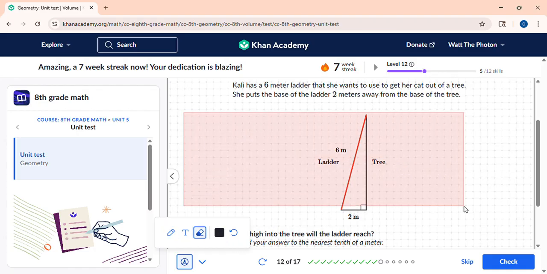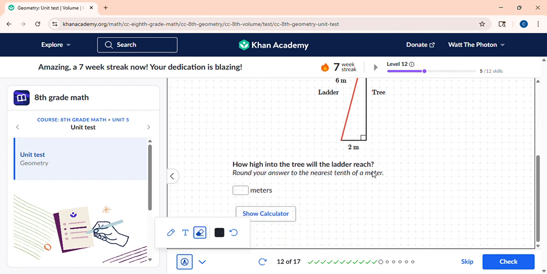Do they want cosine? They want you to use a formula. Do they have anything?